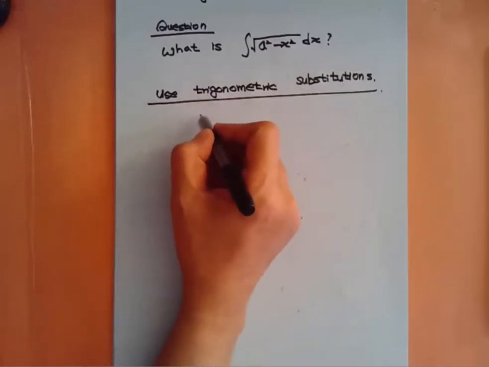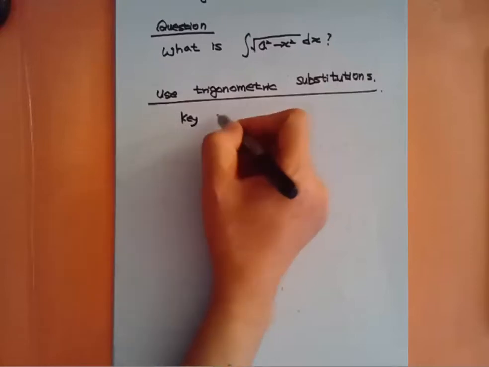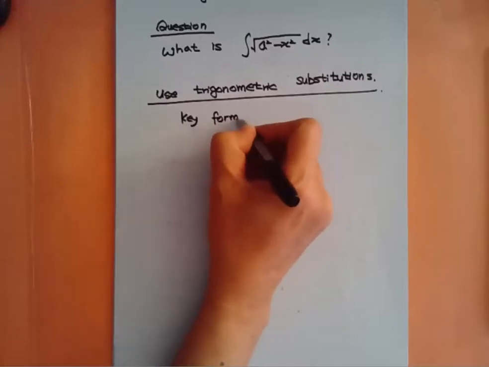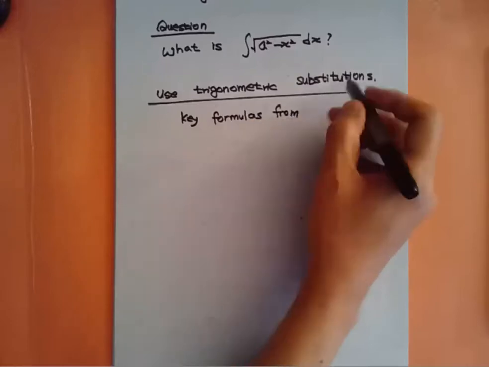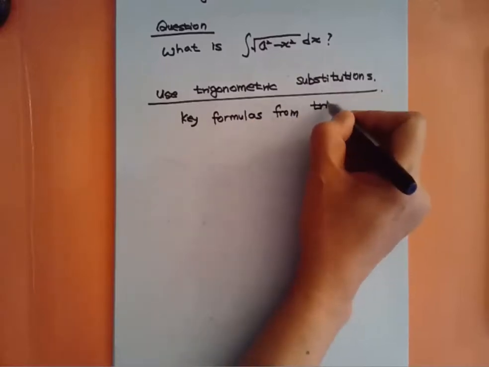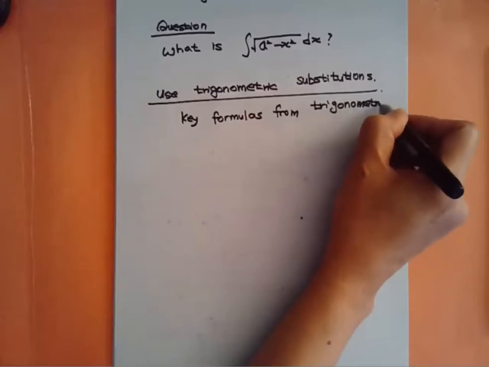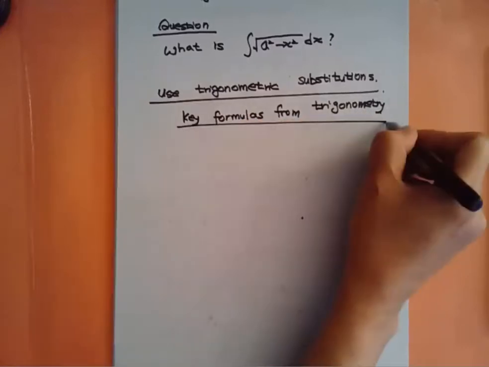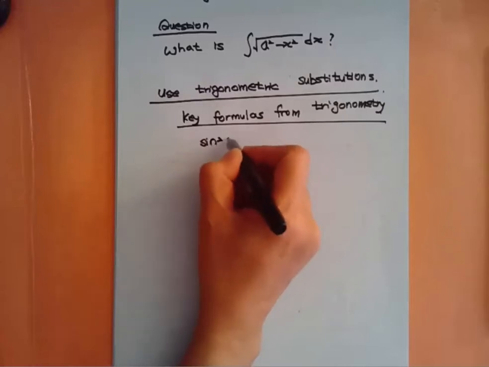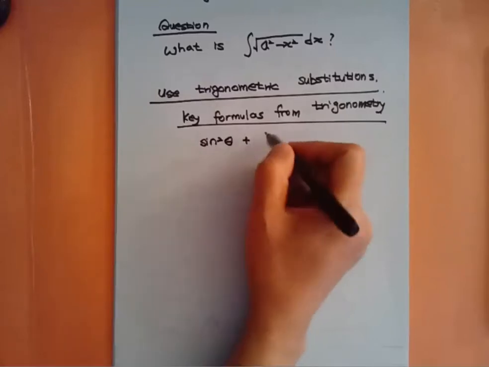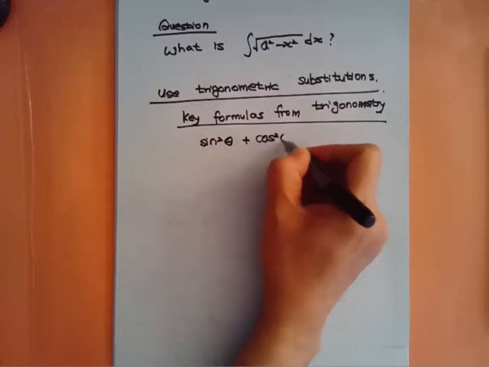To do trigonometric substitutions, there are important key formulas from trigonometry. As I said, we will think about the trigonometry version of the Pythagorean formula.